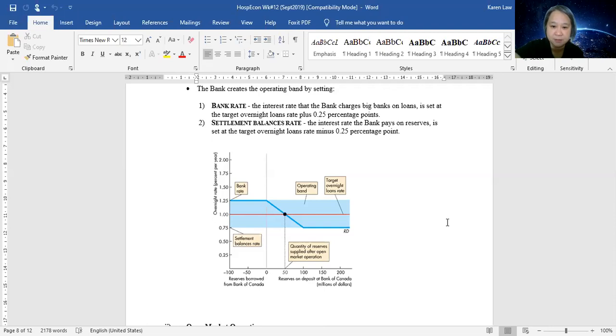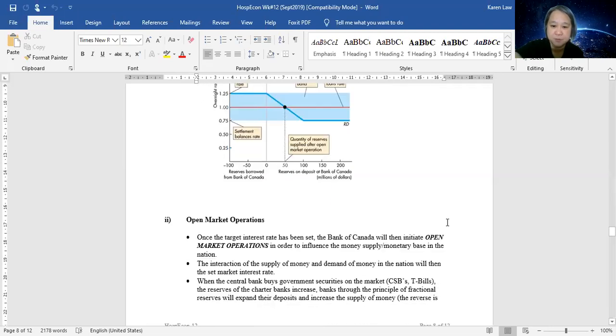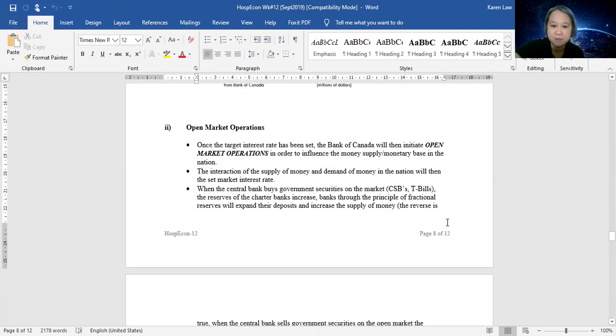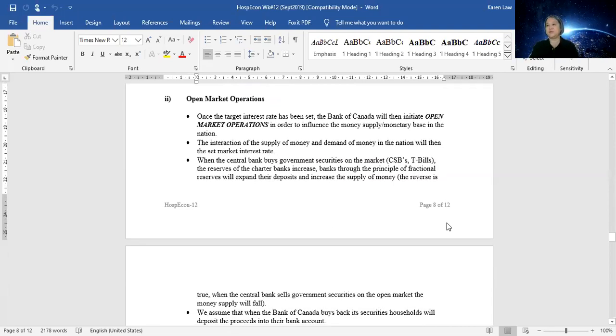That is how they set interest rates, and that's how they move them up and down. Now, in the background, they need to equate money demand and money supply to warrant interest rates moving up or down. They're not influencing the money demand, they're just influencing money supply.